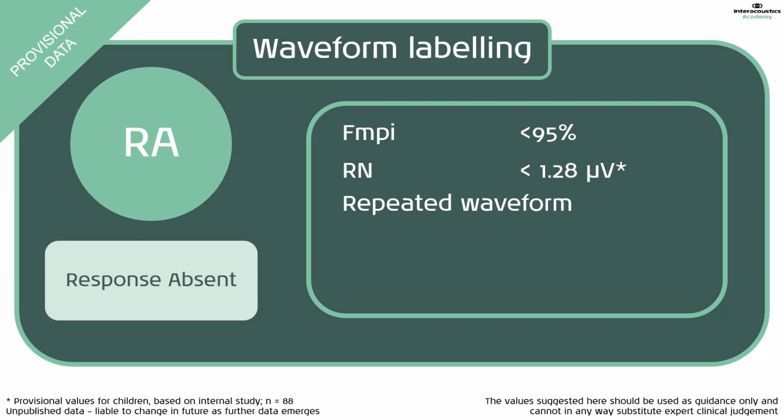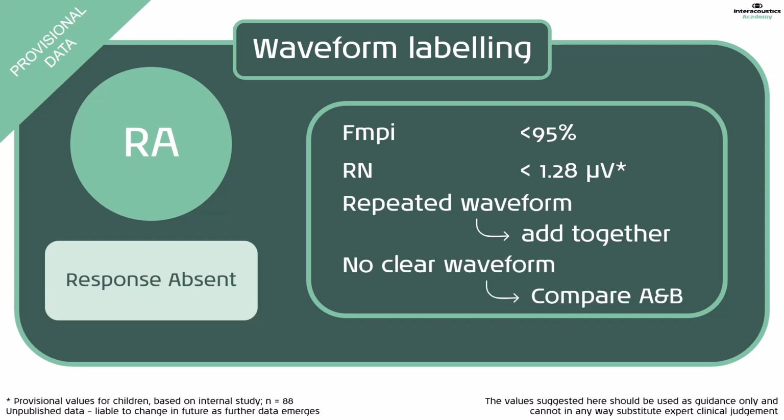This provides a further benefit of allowing you to add the two recorded waveforms together, which can further reduce the residual noise and improve the signal averaging. In a response-absent waveform, we should also expect to see no discernible waveform morphology. The A and B buffers can be analysed to support this aspect of the waveform interpretation.